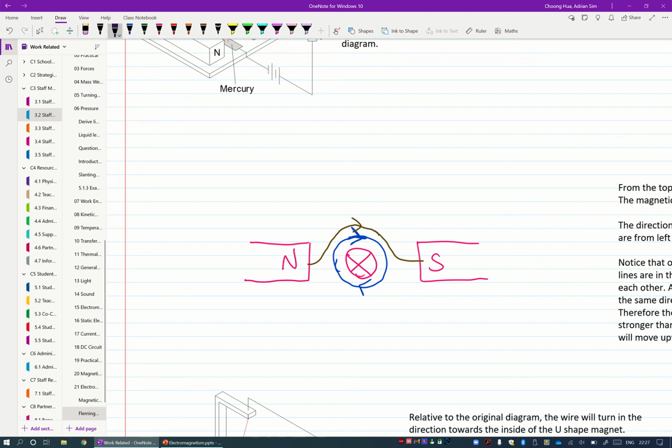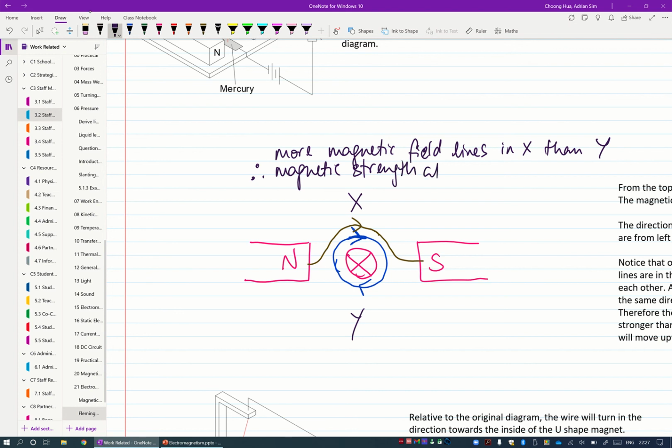So from here, we can deduce that, we'll label this region X and this region Y, there are more magnetic field lines in X than Y. Therefore, the magnetic strength at X is greater than the magnetic strength at Y. So the wire will move downwards.